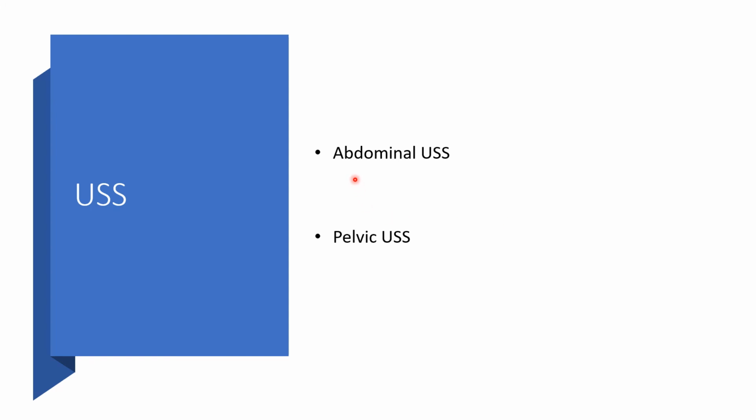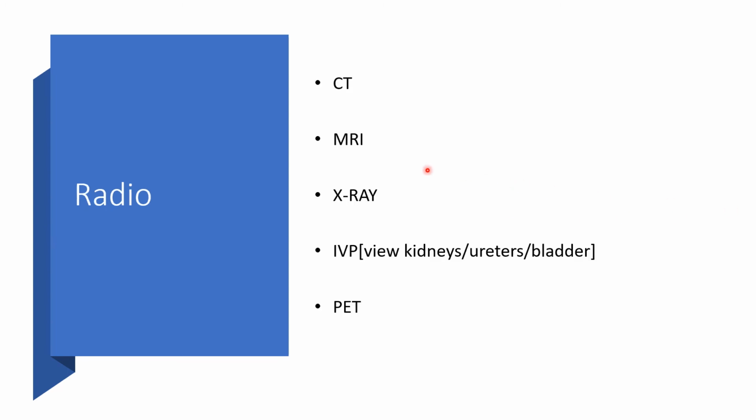Can I have ultrasound? Abdominal ultrasound. We want to see what is happening to the liver, to the pancreas, to the structures there, to the kidney, and of course pelvic ultrasound. Now, radiologically, you can have CT done, magnetic resonance imaging if you are fortunate to have that in your center. X-ray could be done. In all these cases, we are trying to rule out possible metastasis, right?